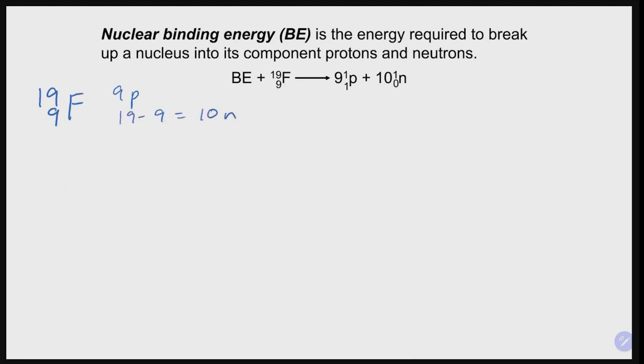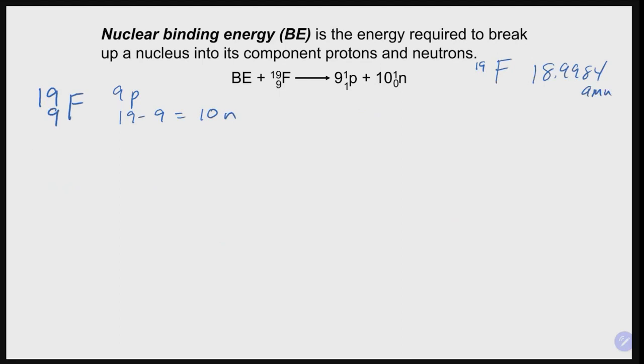So the first thing that we could do is calculate the mass defect here, and we have this fluorine 19, and it has an atomic mass of, we'll call it, 18.9984 AMU, atomic mass units.